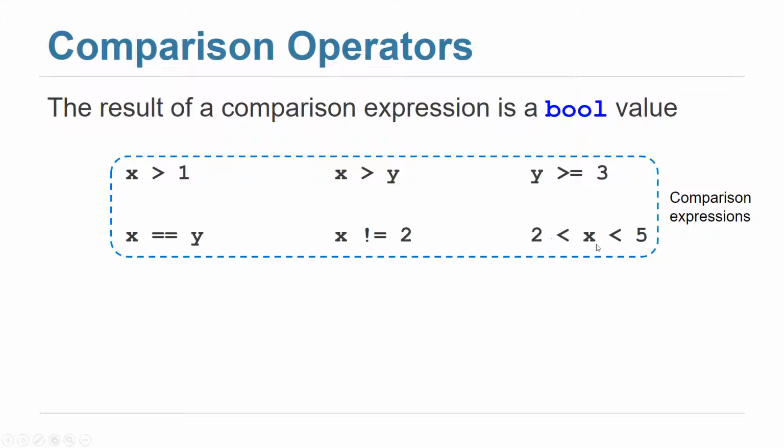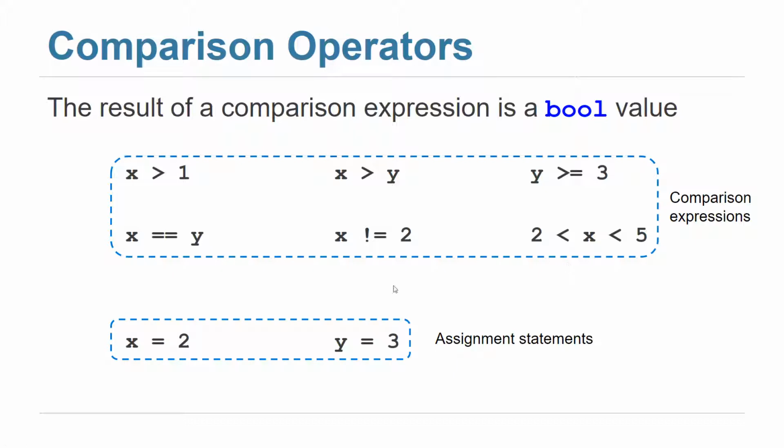Maybe the last one is a bit unusual, but in Python this is valid, and that was indicated earlier even in the textbook, that we can have something like this. Okay, so that means that 2 is less than x and x is less than 5. So this expression will be true only if both conditions are true.